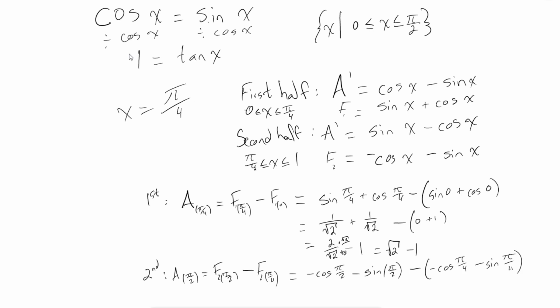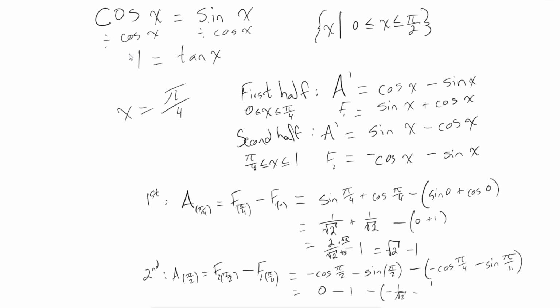Which, I mean, I guess is a little messy. It's a little messier than last time. But pi over 2, of course, is an important point on our graph because at pi over 2, the value of cosine is equal to 0. And sine of pi over 2 is 1, so it's 0 minus 1. Minus negative cosine of pi over 4. Well, cosine of pi over 4 is still 1 over root 2, so it's negative 1 over root 2.